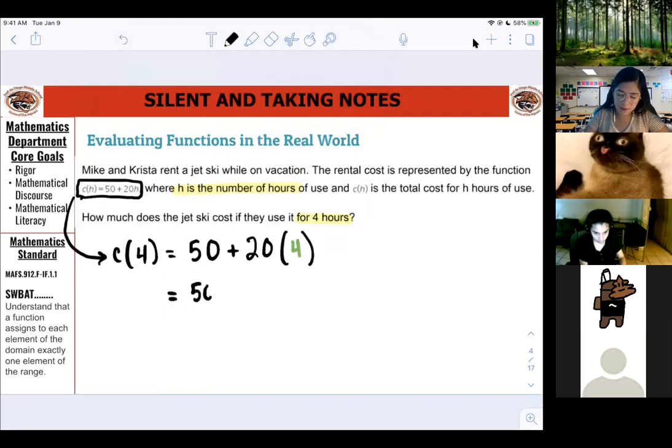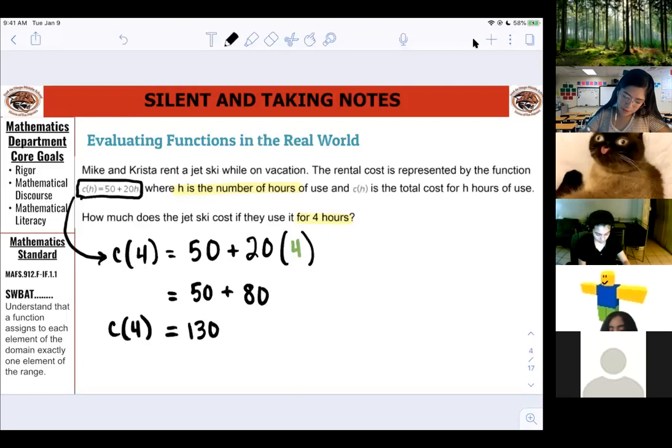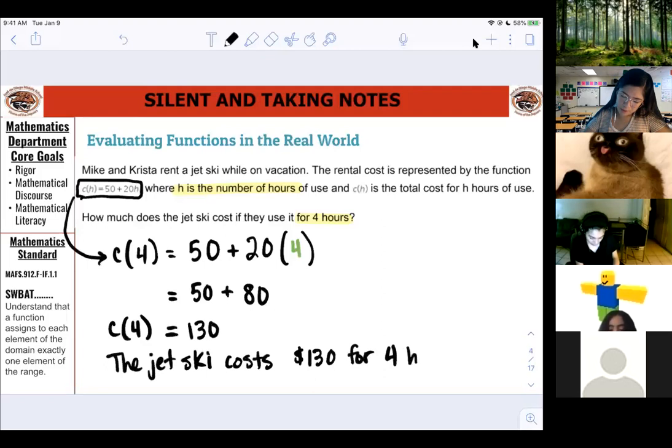So I'm doing 50 plus, and then what is 20 times 4? 80. So C of 4 equals 50 plus 80, which is how much? 130. So this means that the jet ski costs 130 for 4 hours.